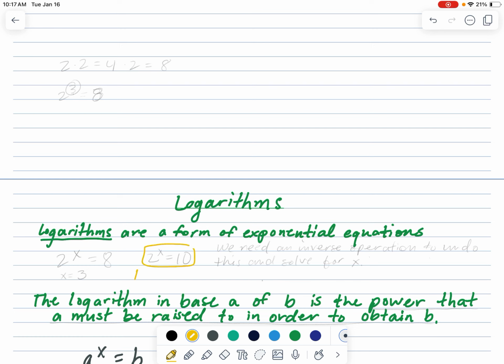We need the power that 2 must be raised to in order to obtain 10.